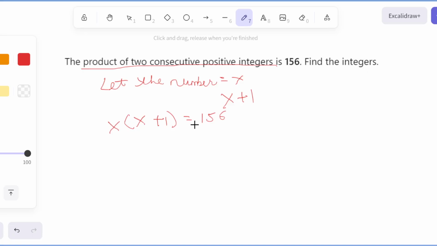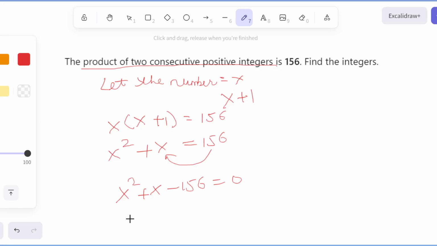Now open up the brackets. This will become x square plus x equal to 156. You can bring 156 to this side to make it a quadratic equation. So this will become x square plus x minus 156 equal to 0.